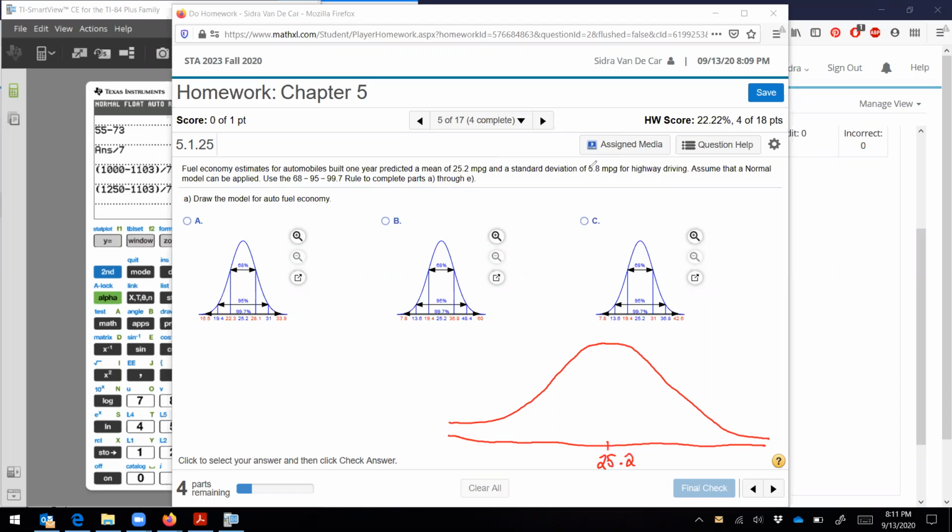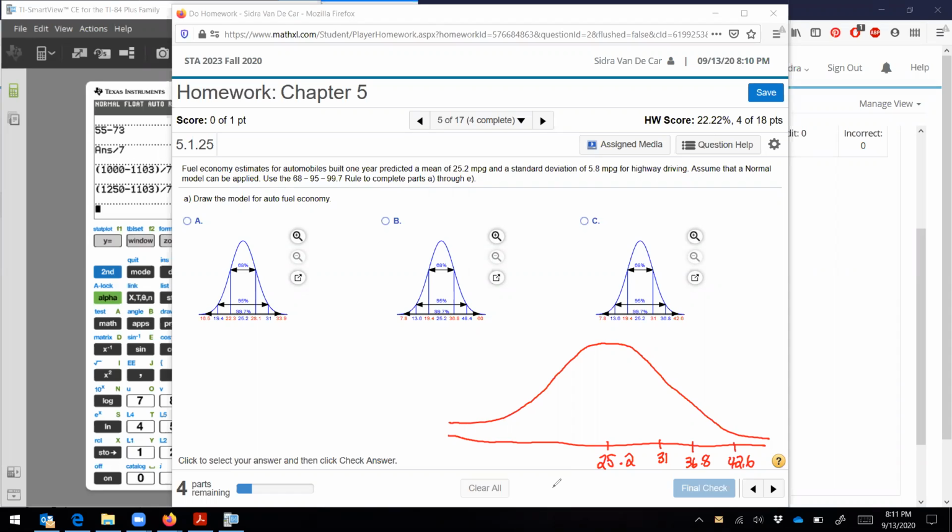My standard deviation of 5.8 means I'd add 5.8 to that. So that would take me up to 31, I think. And then again, add 5.8, and that's 36.8. And again, add 5.8, and that's 42.6, I think. I'm doing this in my head, guys, so double check me. And then we're going to subtract 5.8.